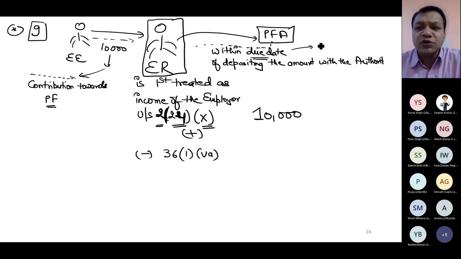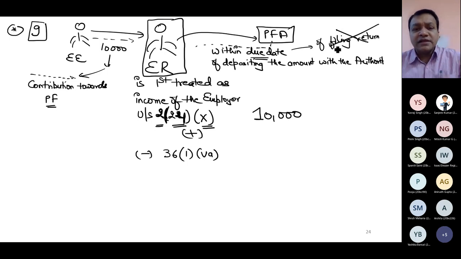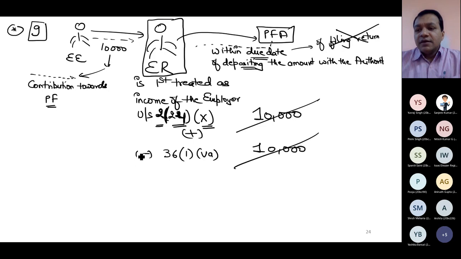Don't confuse it. It is not the due date of filing return of the employer. No. It is the due date by which the employer is under obligation to pass this amount to the authority. Then the moment it is passed, it is claimed as deduction. So the effect in the hands of the employer is nil.